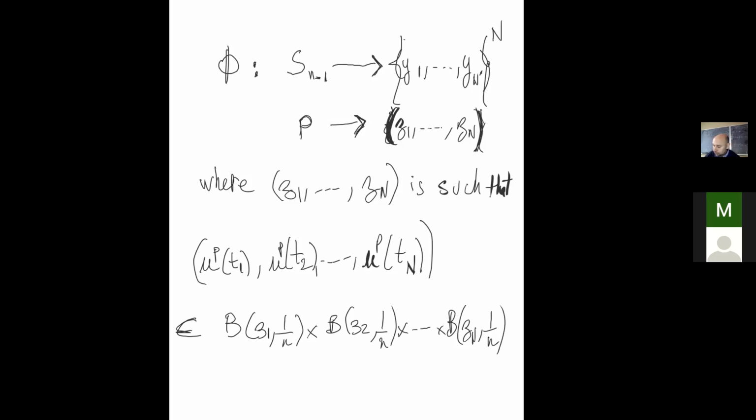So let up of T1 belongs to F, and F is covered by those finite number of balls. And so up of T1 belongs to one of those balls. So the Z1 is one of the Y's. So Z1 might be, I don't know, but is one of those. All right.